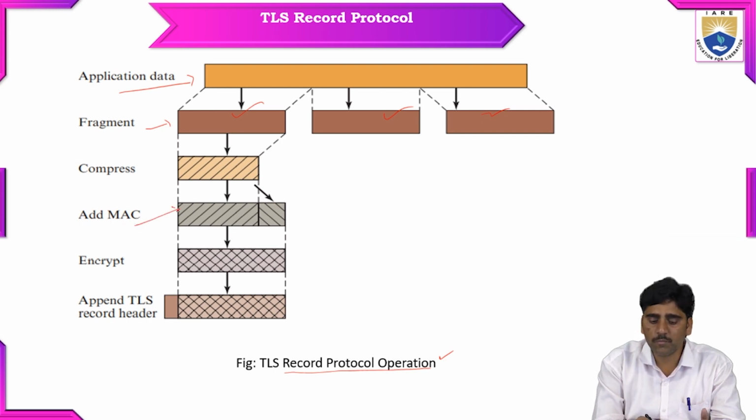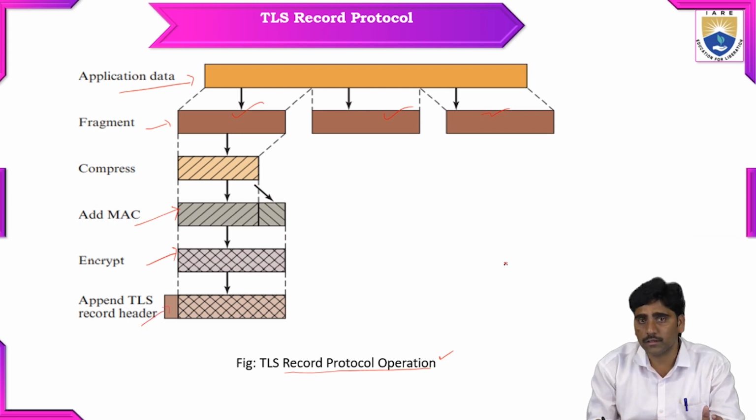Next, the message authentication code is added. After adding it, the encryption process is done. After encryption, the TLS record header is appended. So these are all the phases of the record protocol.